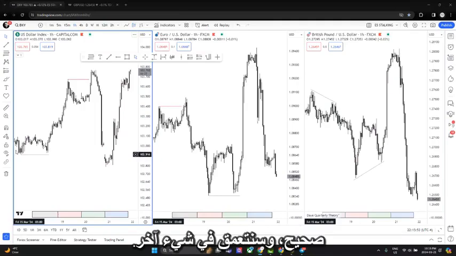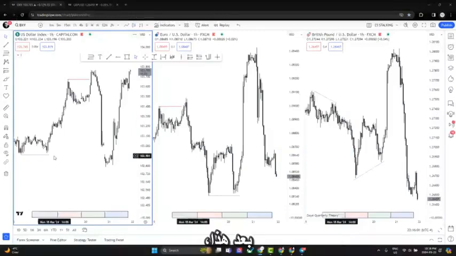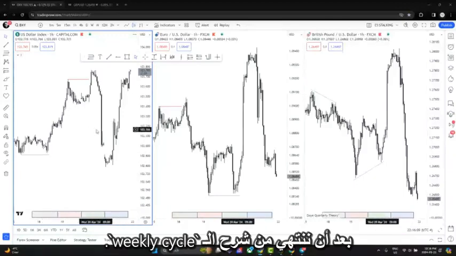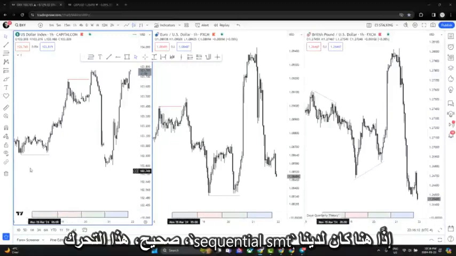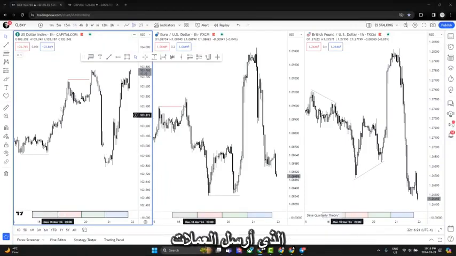And we will go deeper into something else, a new correcting correlation, after we've gone through explaining the weekly cycle. So here we had sequential SMT. This run here, the expansion run within the dollar index, sent currencies lower.